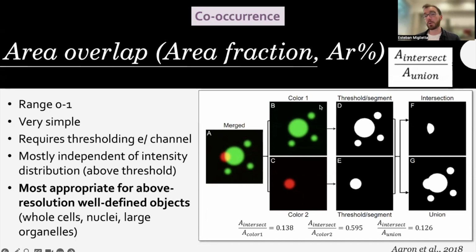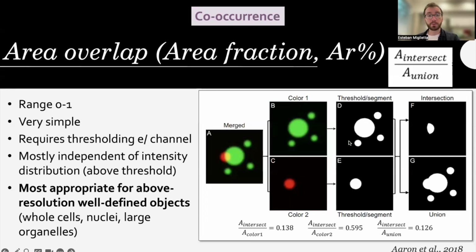By threshold, I mean determine a pixel value such that all pixels under that specific value, that threshold, will be considered as background, and all pixels above it will be considered as foreground, here displayed in black and white, respectively. You do the same for the red channel, and from these two areas, you can get the intersection of the two signals and the union.